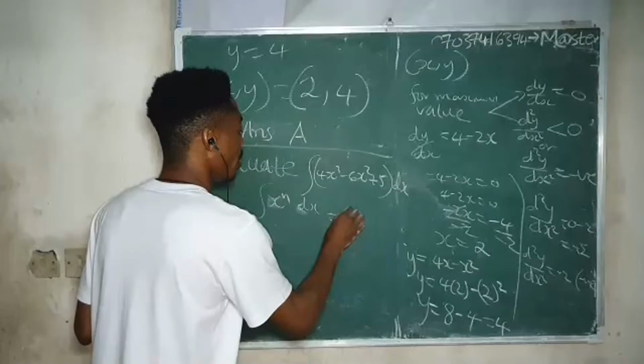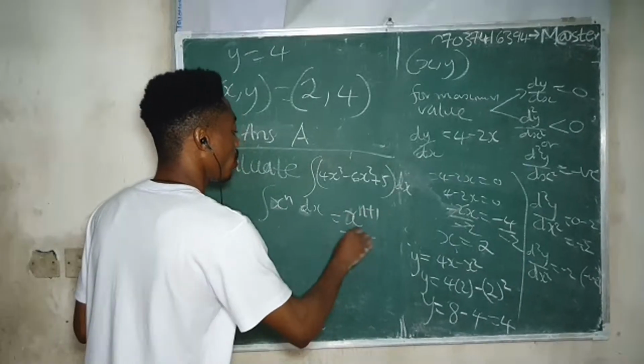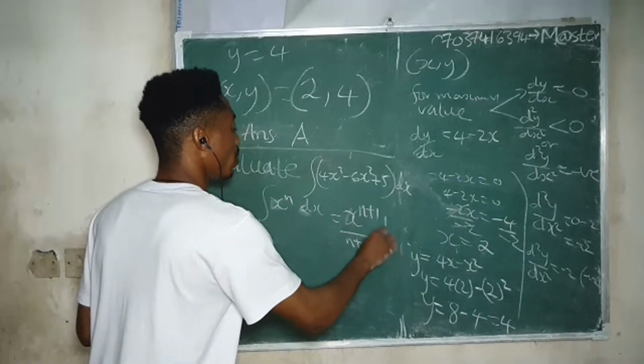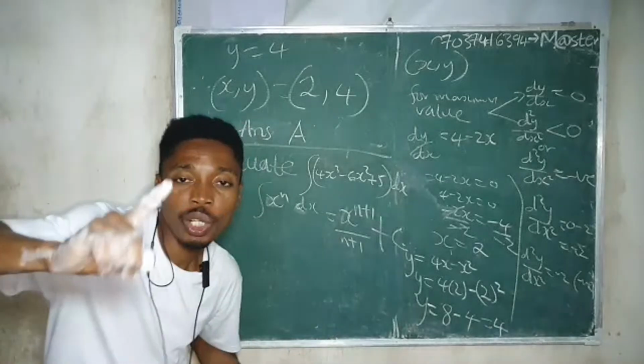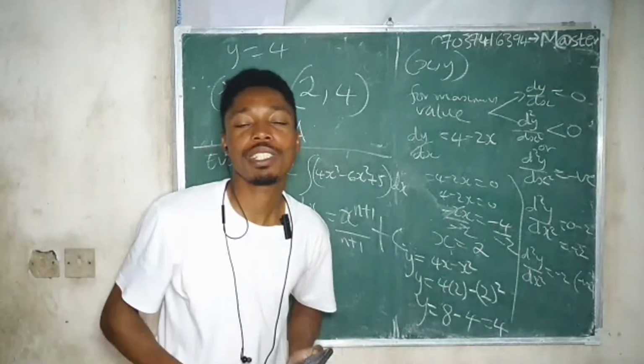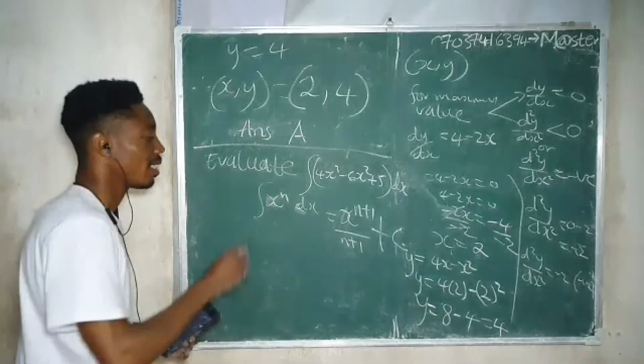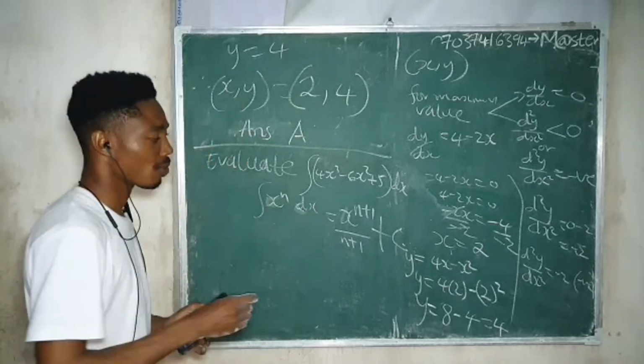Now, take note that in integration, if I integrate x raised to power n with respect to x, what I mean is that I would say x raised to power n plus 1 all over n plus 1, plus c. I must always add the constant of integration. That's the c I'm adding.